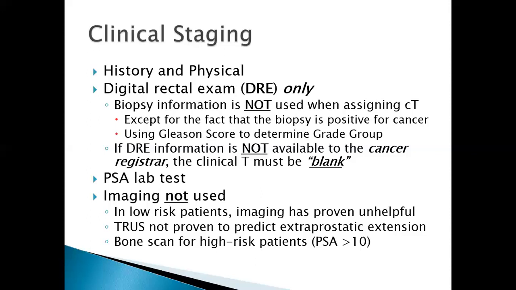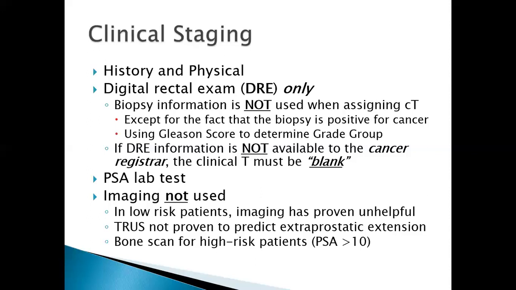So the only imaging that we can use to assign the clinical stage would be a CT scan that shows distant metastatic disease, or a bone scan, which would show or could show distant metastatic disease to the bone.